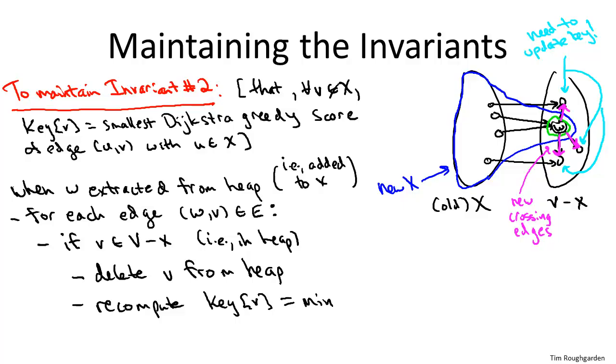So either wv is the local winner, that is, it has the smallest Dijkstra greedy score of them all that terminate at this vertex, or it doesn't, in which case the previous winner is still the new winner. So the new key value can only be one of two things. Either it's the old key value, that's the case where this extra entrant, the edge from w to v, is irrelevant, or if it's changed, it has to have changed to the greedy Dijkstra score of this edge wv.